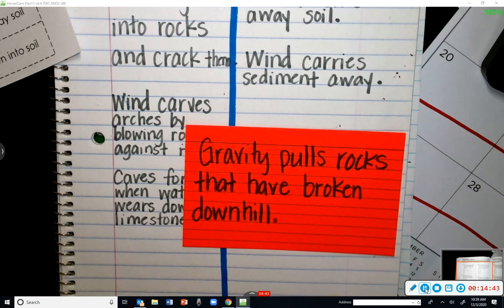Gravity pulls rocks that have broken downhill. So think of gravity pulling rocks broken off a cliff or mountain to a new place downhill at the bottom of the mountain. Gravity pulls rocks that have broken downhill. Would that be weathering or erosion? Got your answer?